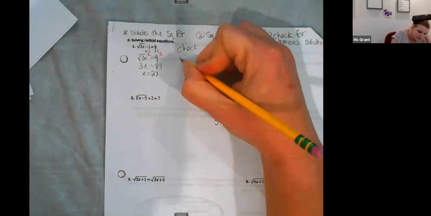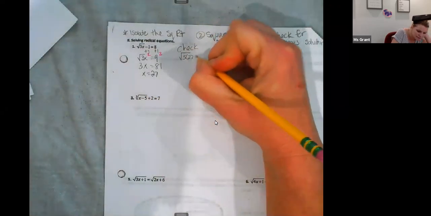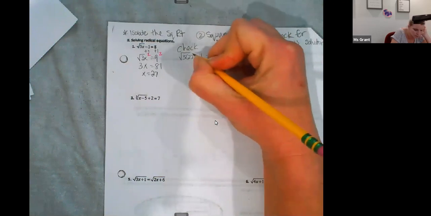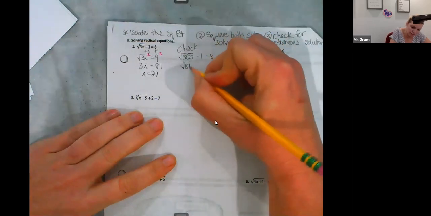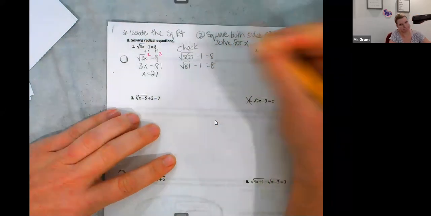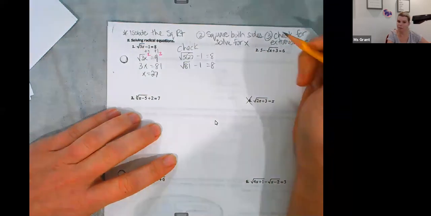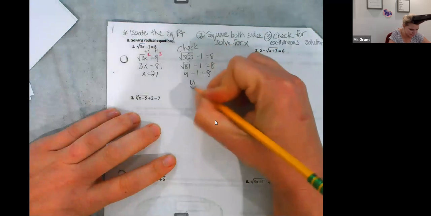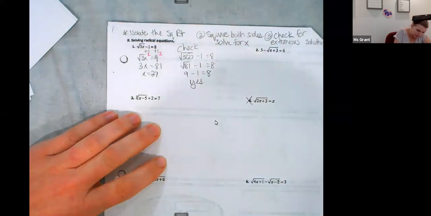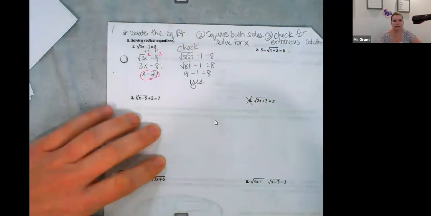Does the square root of 3 times 27 minus 1 equal 8? Does the square root of 81 minus 1 equal 8? The square root of 81 is a perfect square. 9 minus 1 equals 8. Yes. So my answer really is X equals 27.